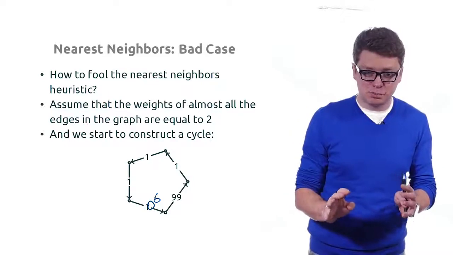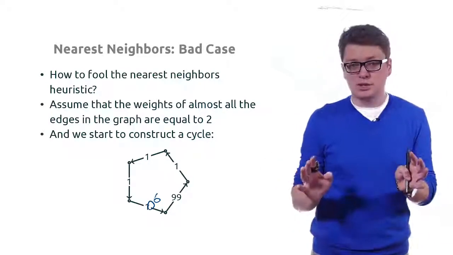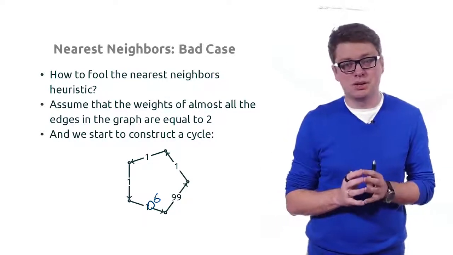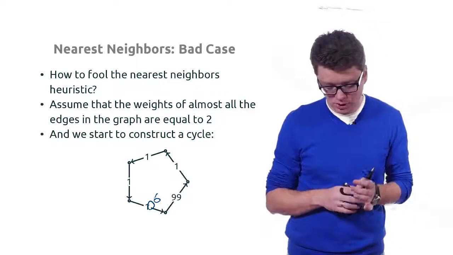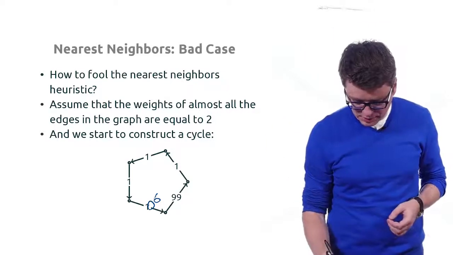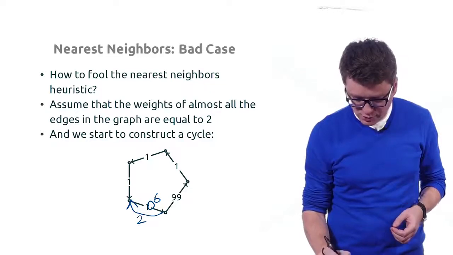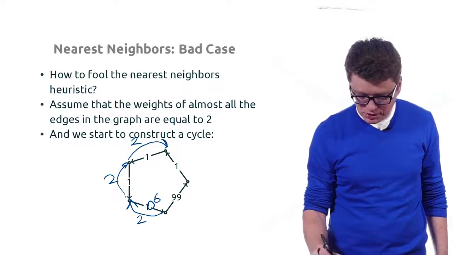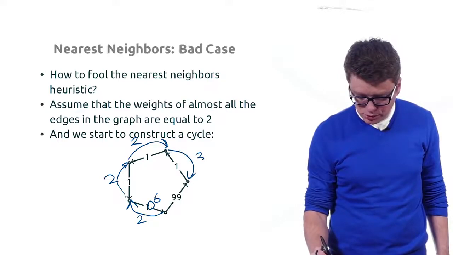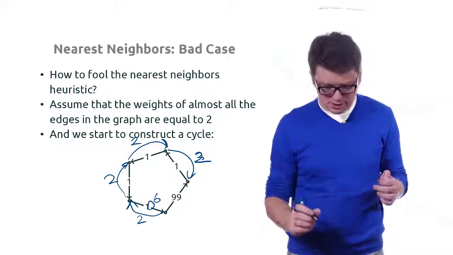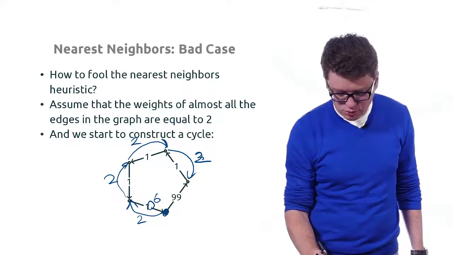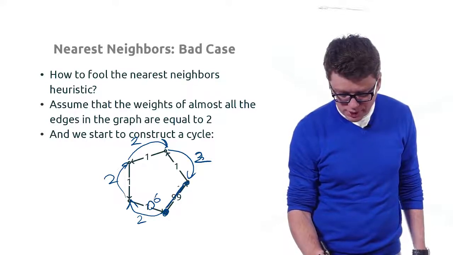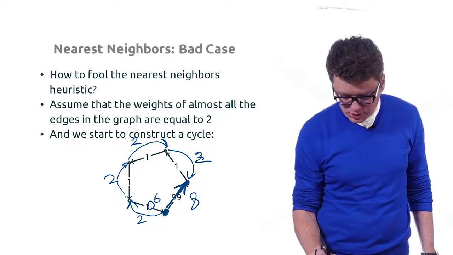I mean exactly this picture, because if we assume that almost all the edges have weight 2, then for example we should have an edge of weight 2 here, an edge of weight 2 here, an edge of weight 2 here, and an edge of weight 2 here. But this would mean that an edge from this node to this node should have weight at most 8.